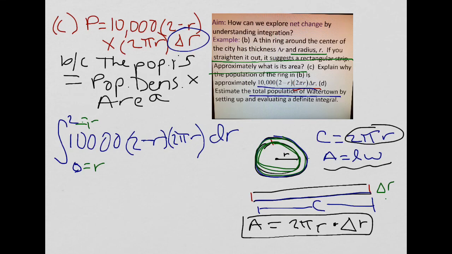Now in this particular problem, you can do this by hand because you really just have a constant multiplied by 2 and it's a polynomial function. But I plug this into the calculator, so make note of that.